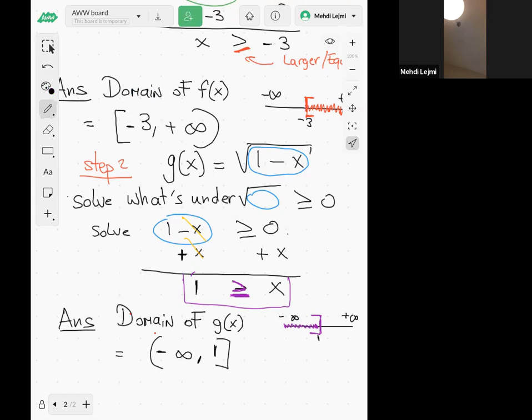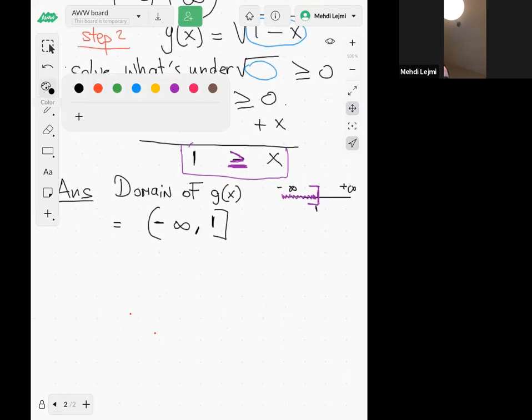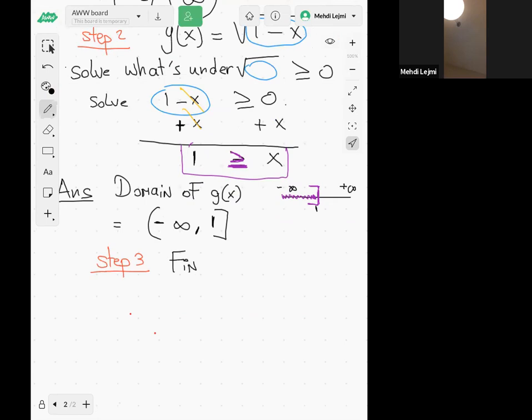All right. So I got domain of f, I got domain of g, and now I have to find the intersection domain or the common domain. So in the last step, step 3, we're gonna find the common domain. Well, what's the domain of f? I'm gonna draw a number line for you guys.